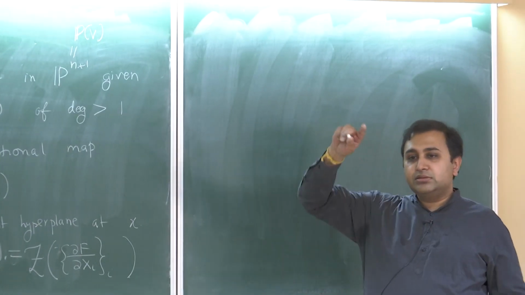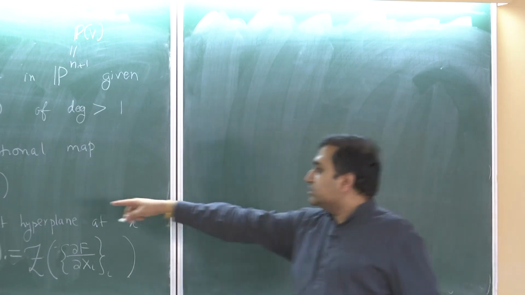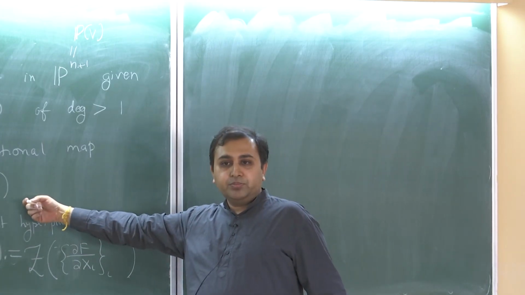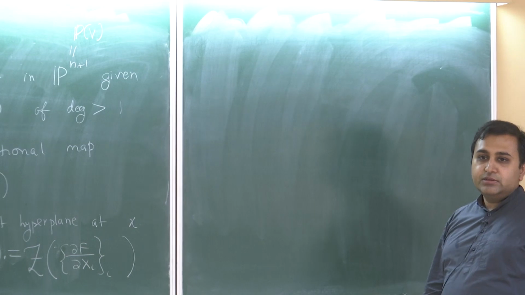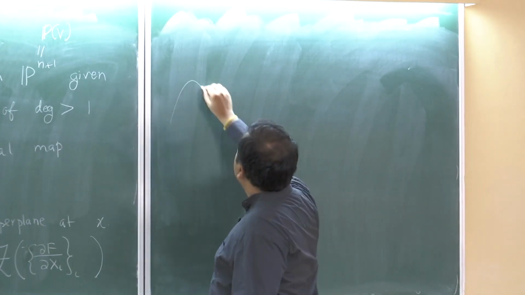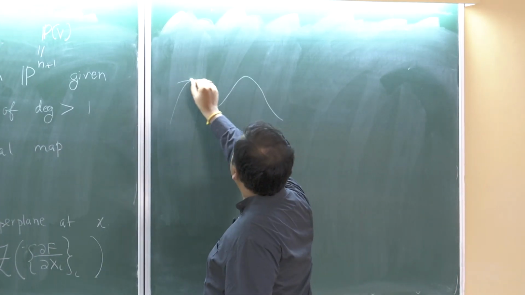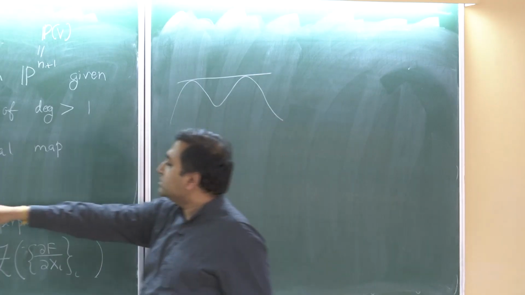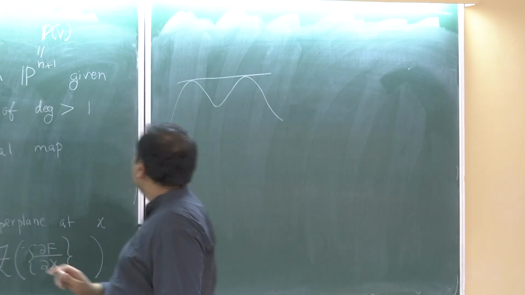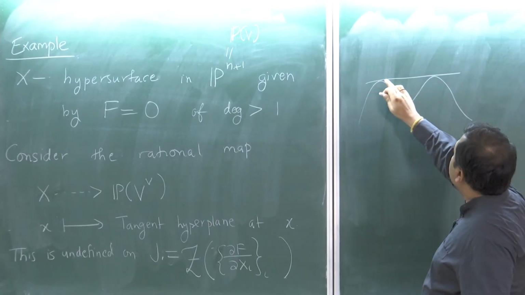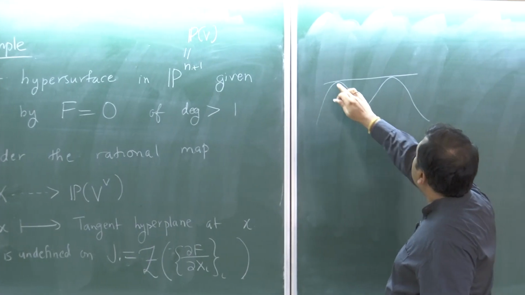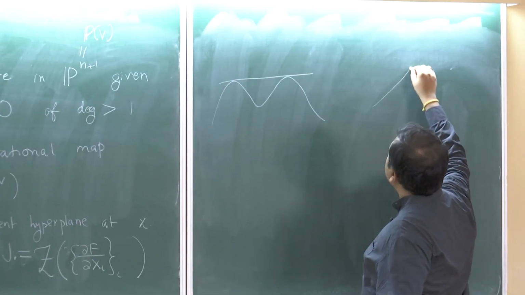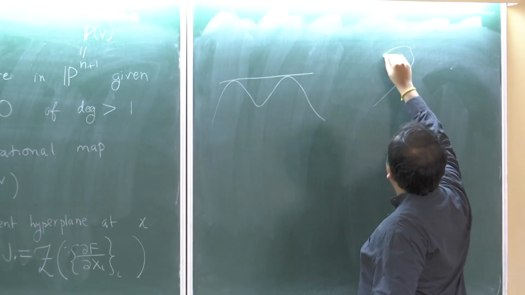What that means is that the image of this map will get a singularity, right? Do you see that? Suppose I have got a curve that is like this, and suppose there is a line like this. Now, as I take this, so this is the dual. What I'm getting here is a dual curve. So as I go over here, maybe I'm getting something like this, and then like this.